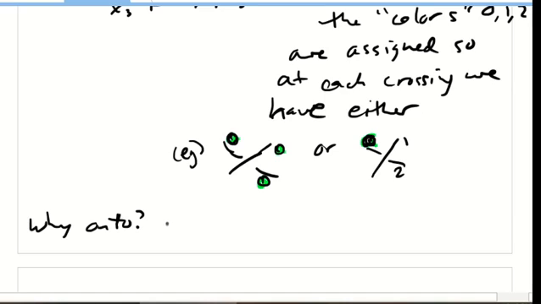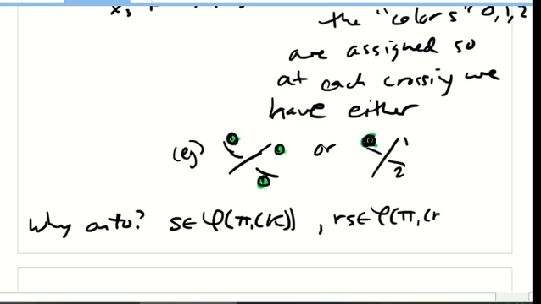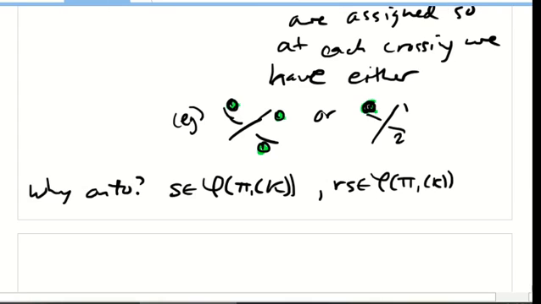Well, we know that S is in the range, right? And we know that RS is in there. But all we need is just R, right?